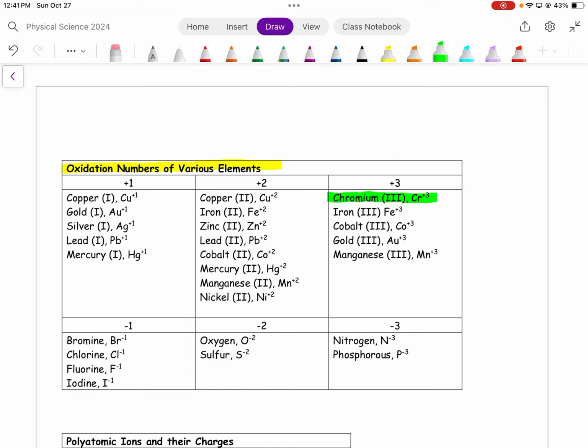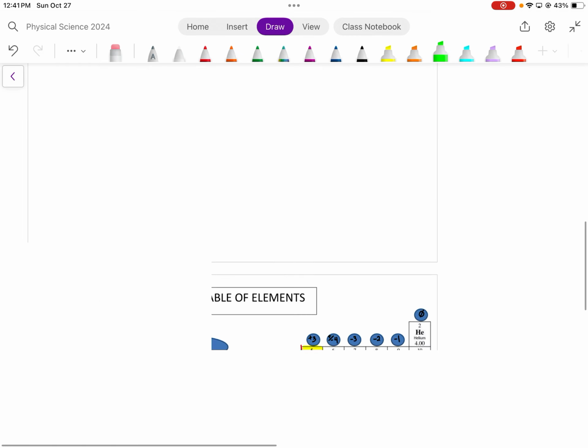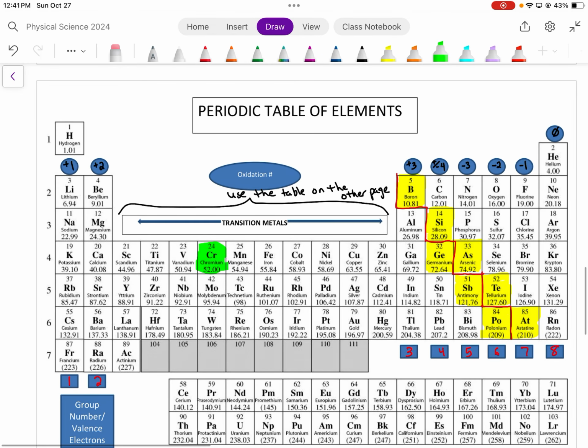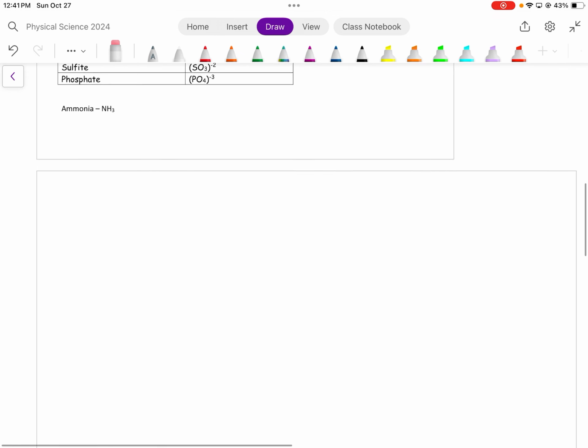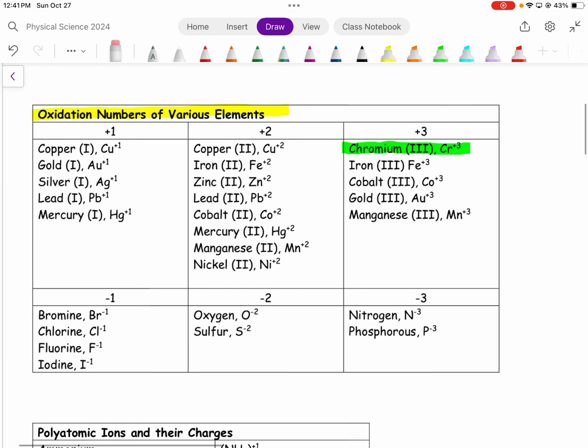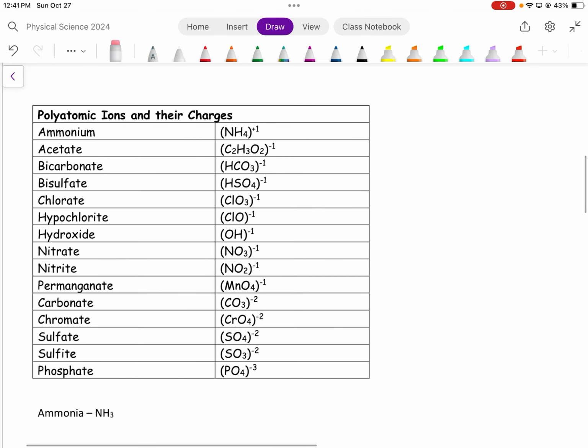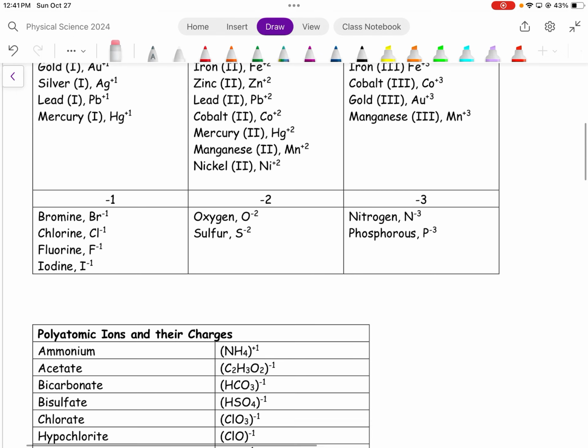So when we're looking for oxidation numbers, I will either find them sitting up on top, right there, or we just slide to the other page and they're sitting right there. And so that's what we're going to start using as well. That's one of the last things that we'll start using. And then this last table, again, don't worry about that just yet. We will get there shortly.